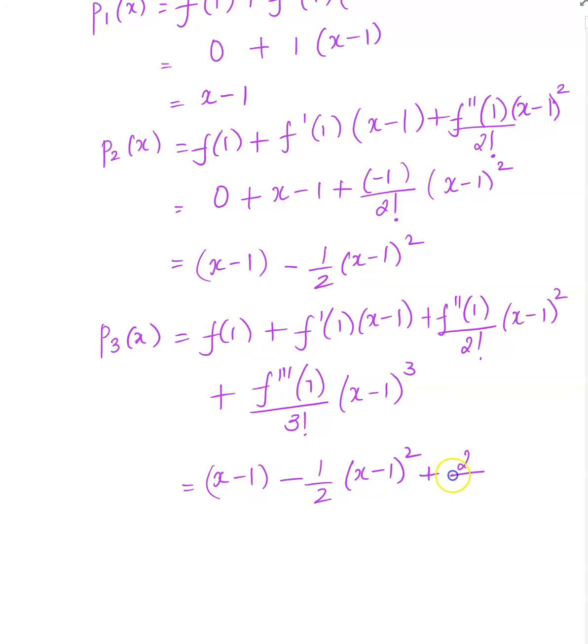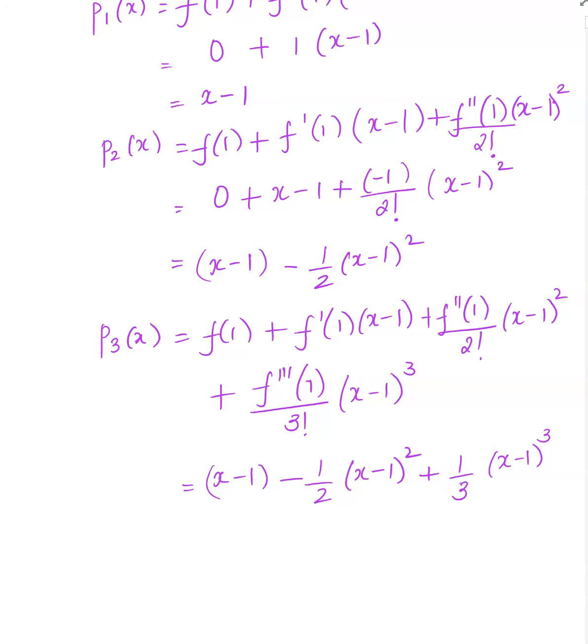The last part was 2 over 3 factorial, which is 6, right? x minus 1 the whole cubed. So 2 over 6 becomes 1 over 3. I'll just replace it here, 1 over 3.